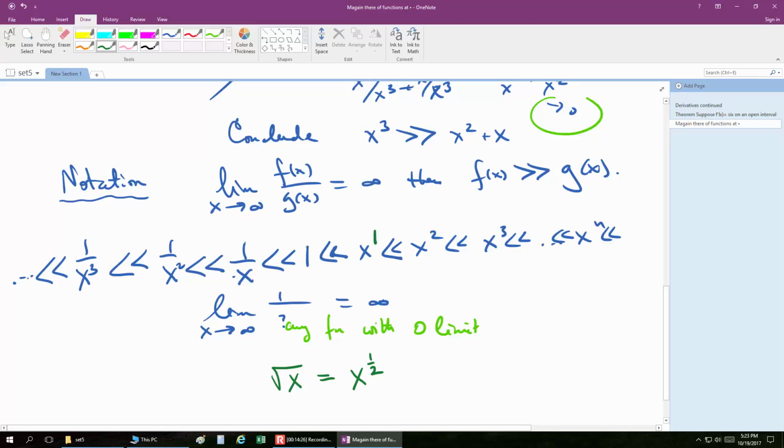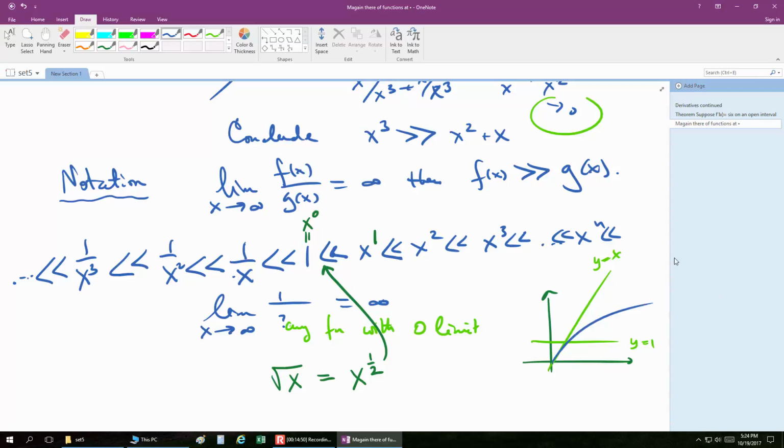First power, and this 1 is actually x to the 0th power, which means that's where I am inserting it. So it will be larger than 1 but less than x. It is perfectly visible on the graph. This is y equals 1, and this is y equals x, and this is y equals square root of x.